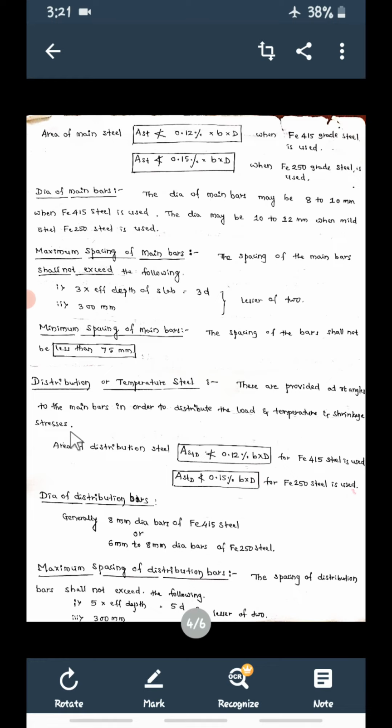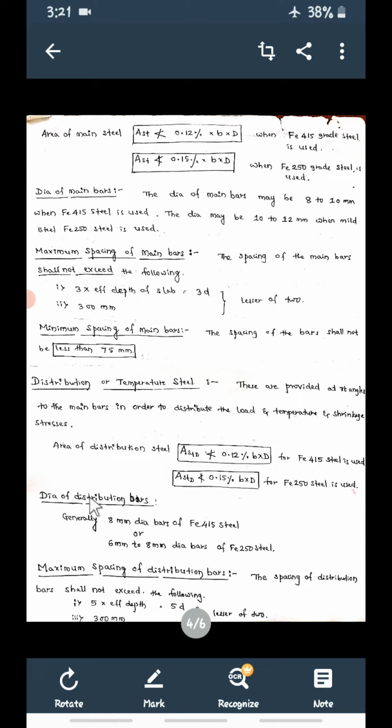The area of distribution steel should not be less than 0.12% of B into D, and if it is Fe250, it should not be less than 0.15% of B into D.